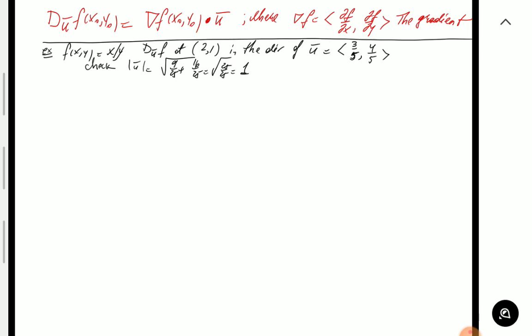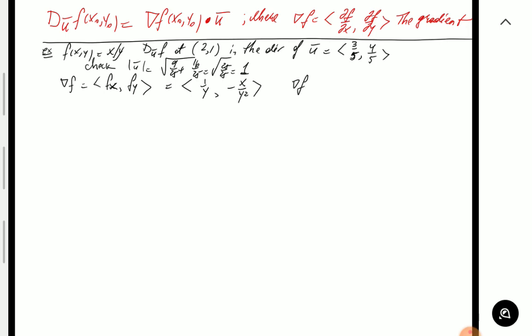It's pretty straightforward. You start by evaluating the gradient, which is given by partial x, partial y, in vector form. In this particular case, the partial x is 1 times 1 over y, so it's 1 over y. And partial y is minus x over y squared. And then finally, we're going to evaluate.